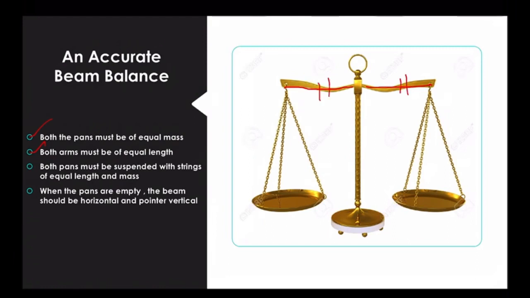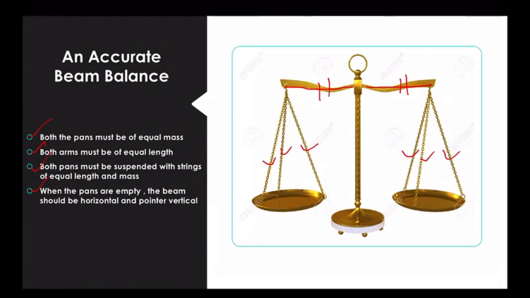These two lengths should be equal. Next, both pans must be suspended with strings of equal length and mass. All these strings are of equal length and equal mass. When the pans are empty, the beam should be horizontal and the pointer vertical.